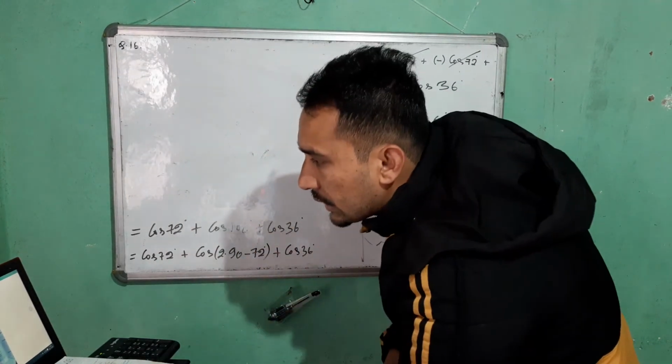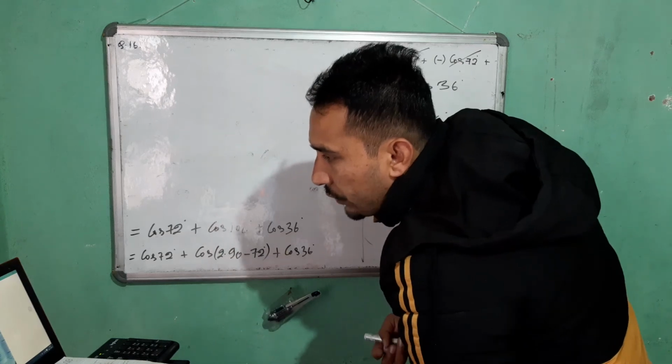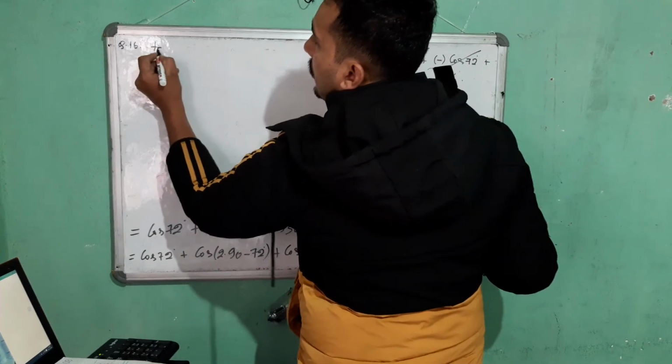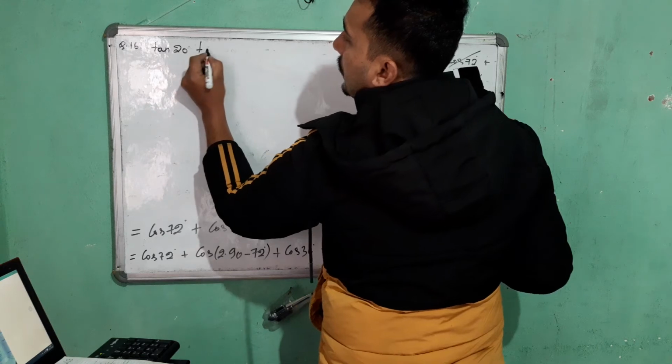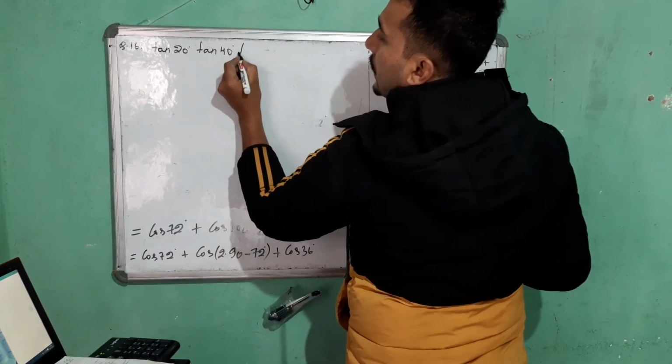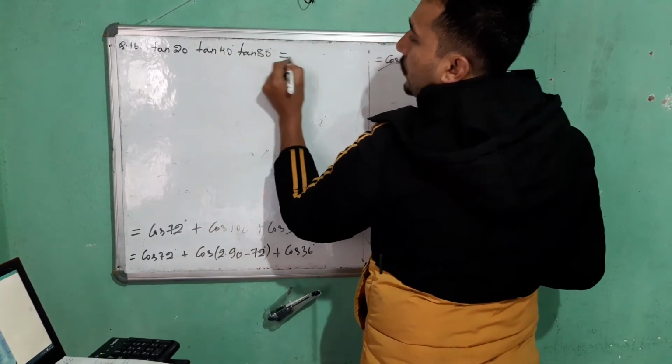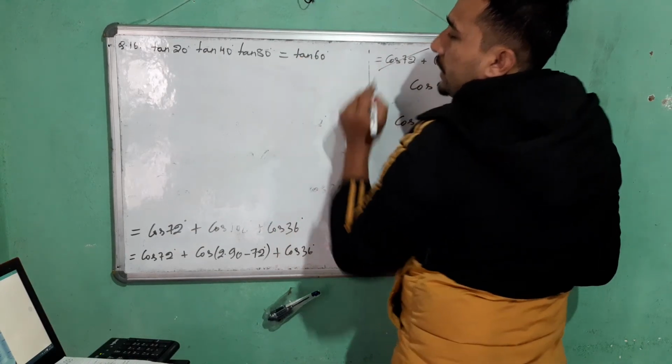Question number 16 is tan 20 degree, tan 40 degree, tan 80 degree equals tan 60 degree.